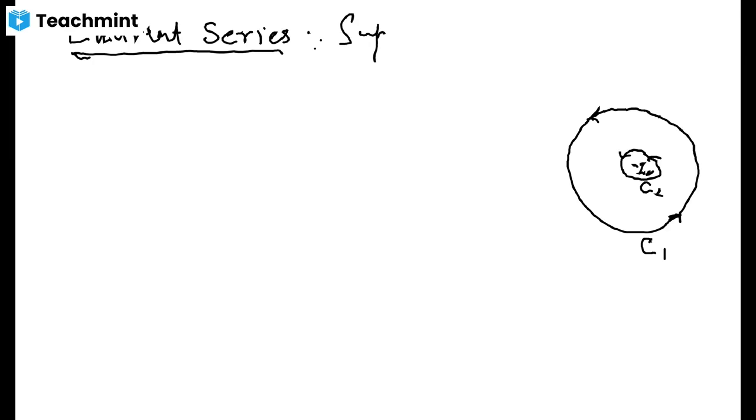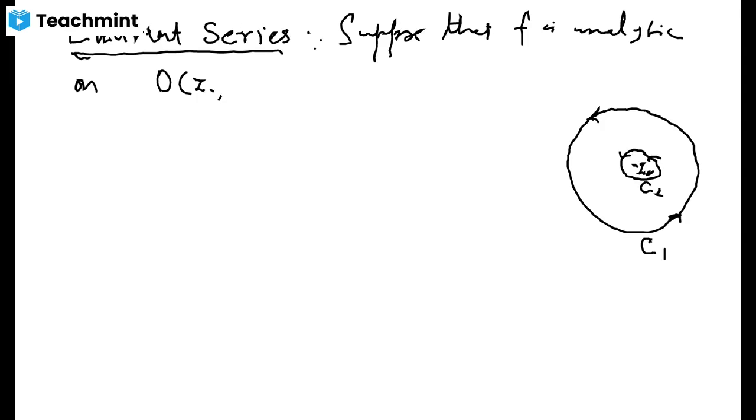Suppose that F is analytic on the region, I will tell you what this is, the annulus R2 union these circles C1 union C2.